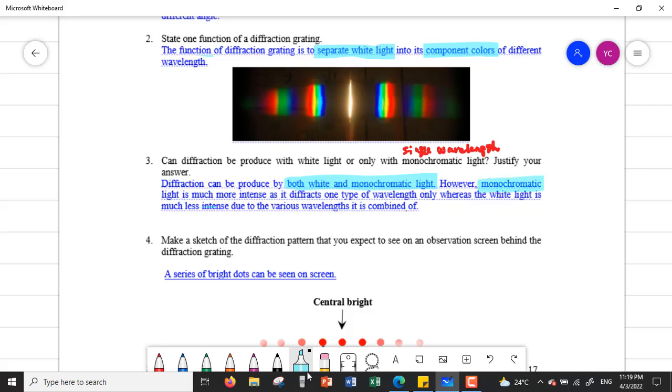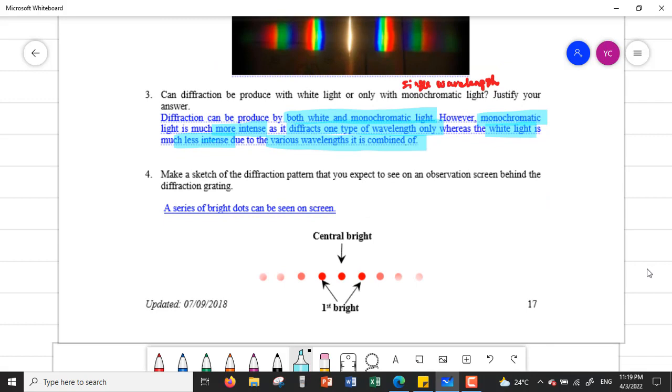However, the monochromatic light is much more intense as it diffracts only one type of wavelength, whereas the white light is much less intense due to the various wavelengths it is composed of. As we know, white light consists of 7 colors, so white light has 7 wavelengths. That's why it will be much less intense compared to monochromatic light.